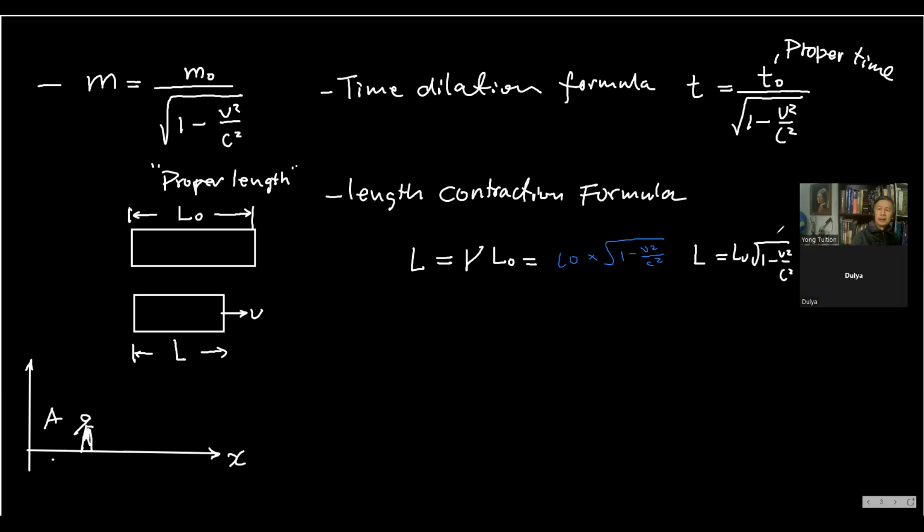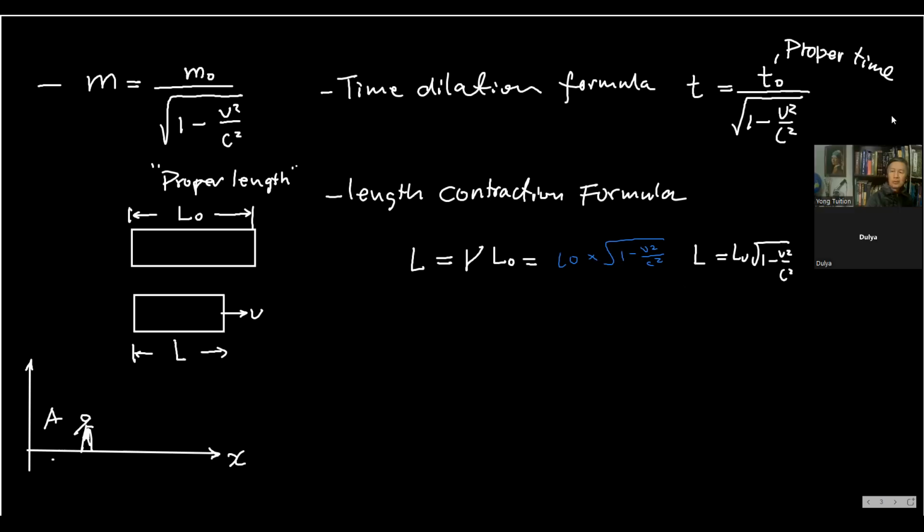All right. So these are two basic phenomena in special relativity. I'm trying to figure out how to explain. Otherwise, we have accepted this idea that mass is relative.